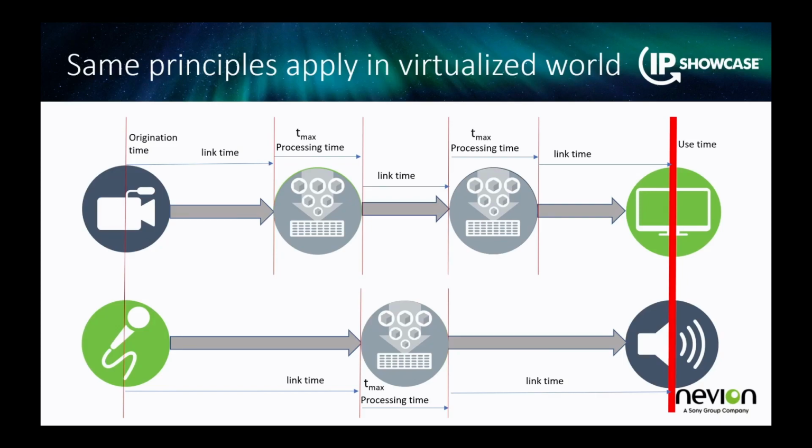And the other thing to say, which was brought out a little bit in the last presentation, but I'd like to highlight, is that the most important thing in this nonlinear compute timing model is that the capture time, the origination time of all of those media elements, the video frame, the audio sample, has to be perpetuated.